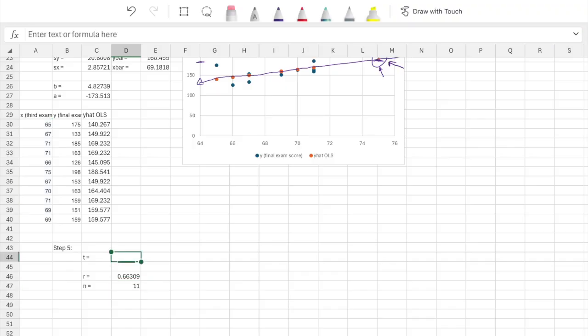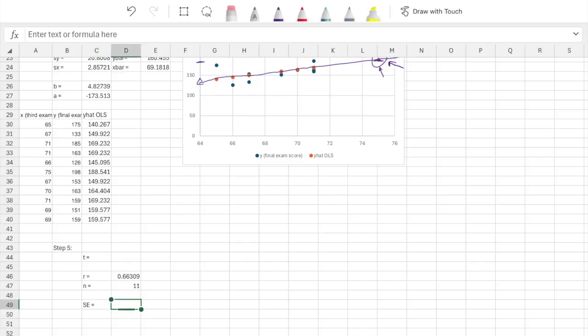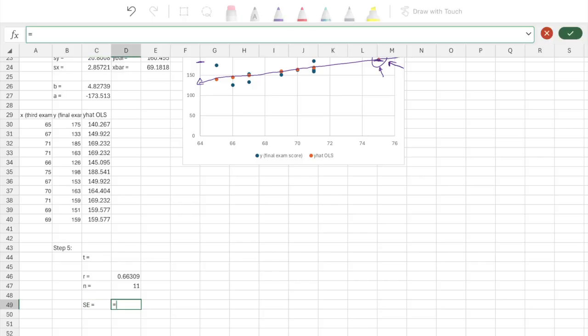Okay, so now I can do my standard error. My standard error is going to be the square root of parenthesis 1 minus r squared divided by n, my count, minus 2.